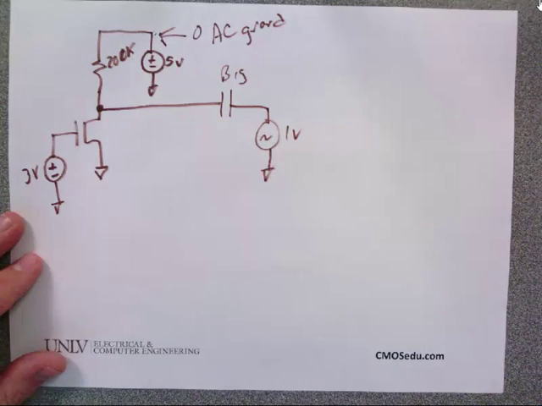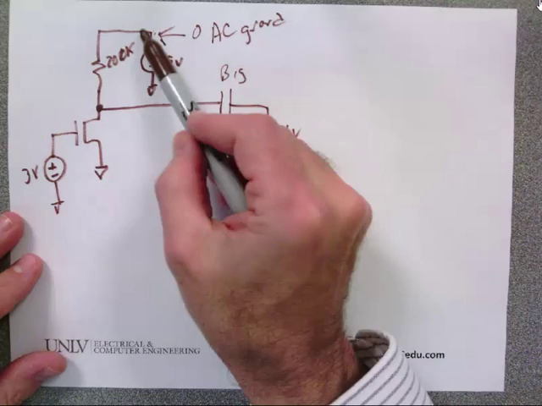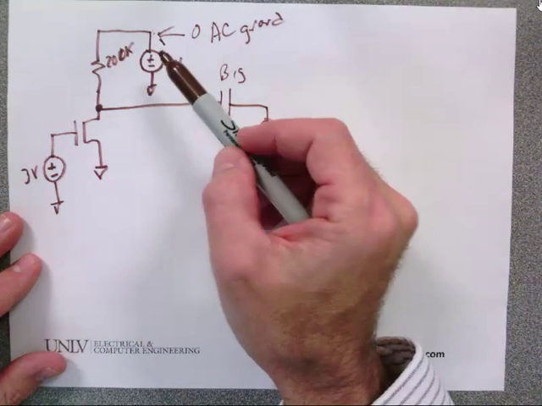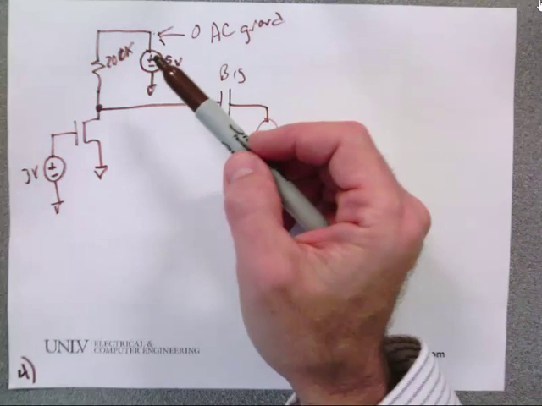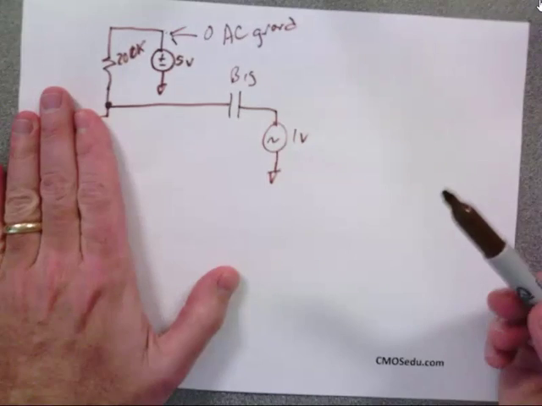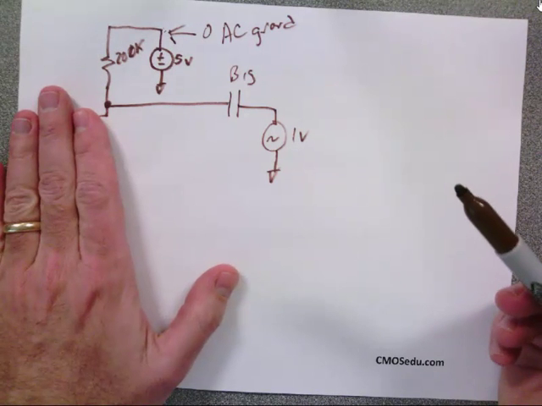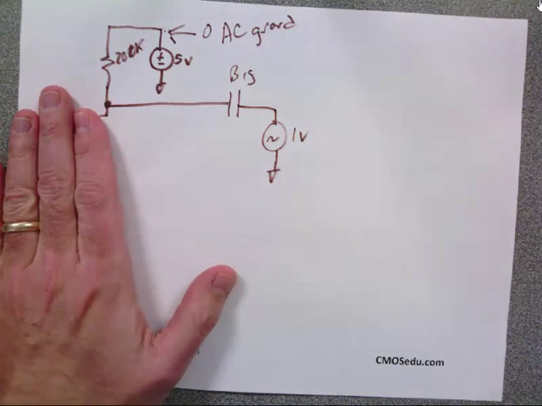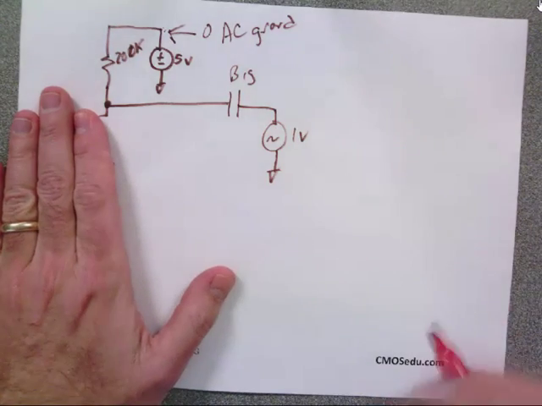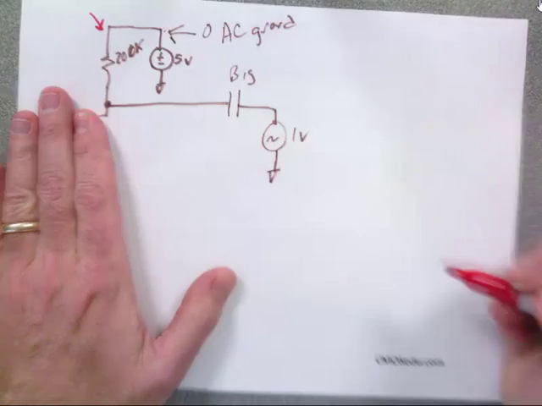Now, when I look at the overall circuit, I'll have a DC voltage of 5, and then I'll have some AC current that's flowing. So if I do an AC circuit, and I don't have that resistor or that MOSFET there, and I ask you, what are the AC voltages in this circuit? What is the AC voltage there?